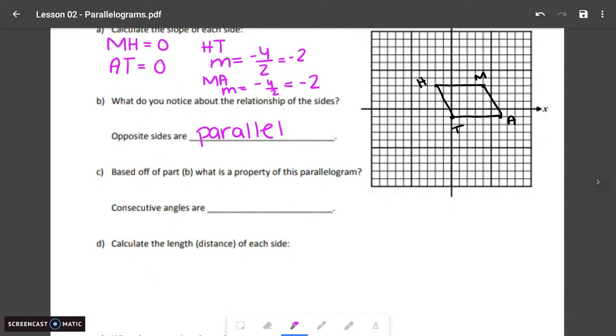And yesterday we talked about what happens when we have parallel lines. In between parallel lines, like these two angles, these are consecutive angles. They're angles that are next to each other, kind of like the word adjacent. But anytime you have consecutive angles, angles that are next to each other, they are supplementary.